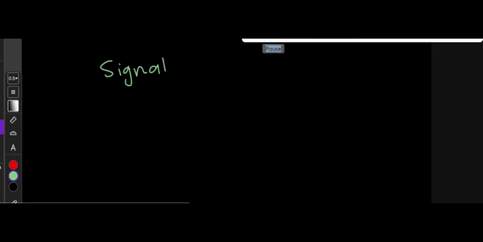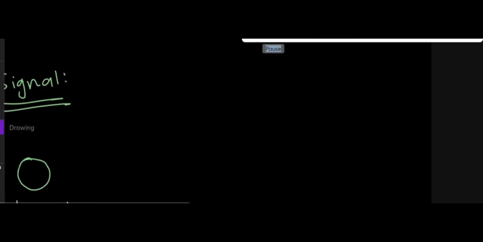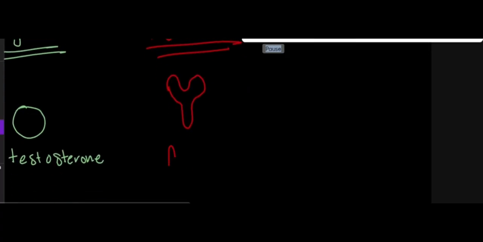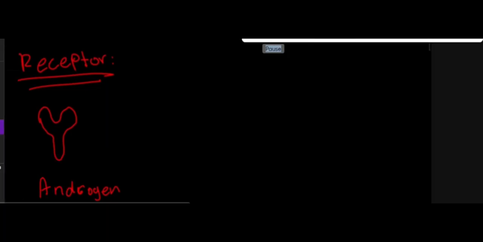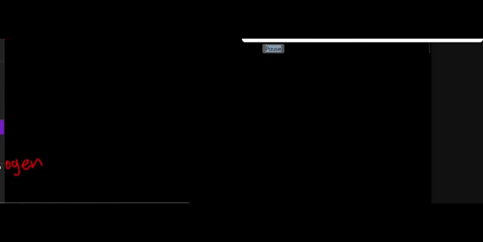Okay, so the two main players in the production of testosterone are the testosterone hormone itself and its corresponding androgen receptor. This receptor is in the cytoplasm of the cell, and the major cellular target of testosterone signals is the Sertoli cell, which is found in the testes.